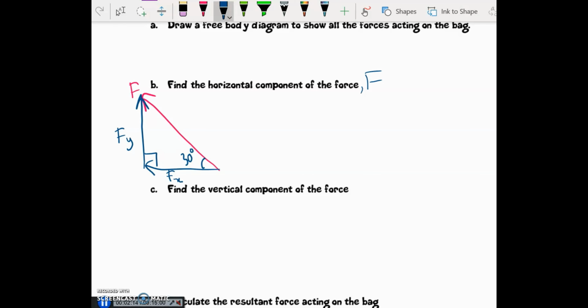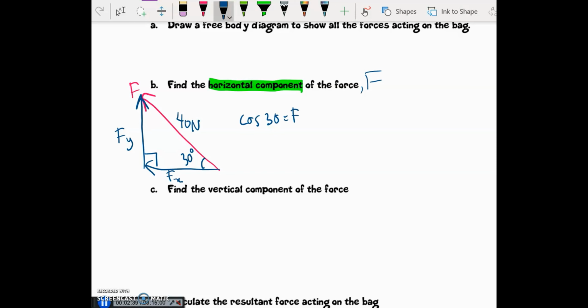So F given is 40 Newton. To calculate the horizontal component, by now you should already know that the horizontal component is adjacent to the angle 30 degree. So we can use cos, because the formula for cos is the component adjacent over hypotenuse.